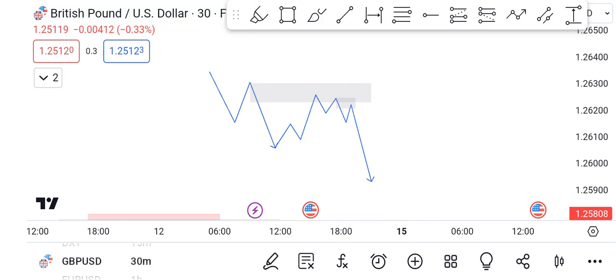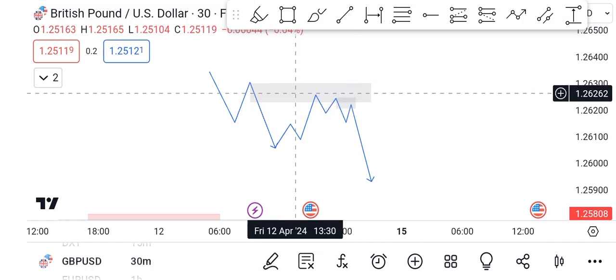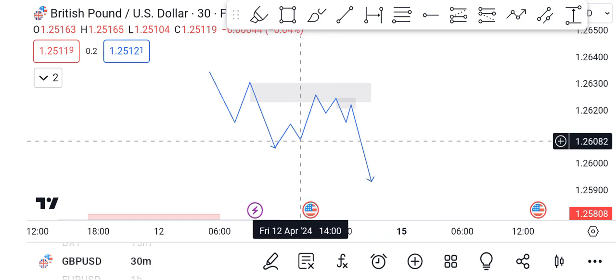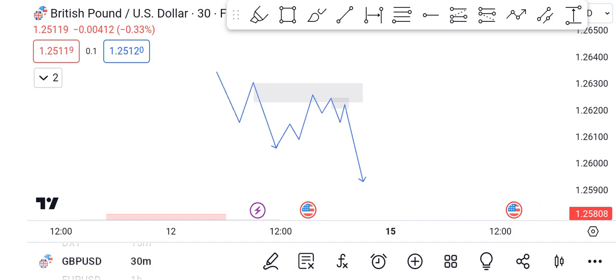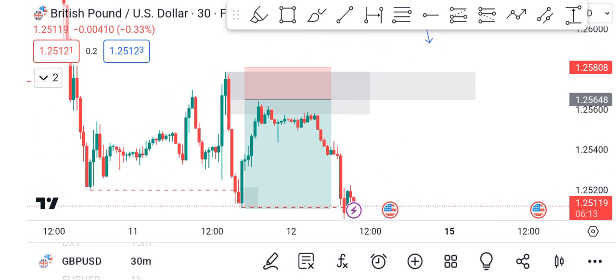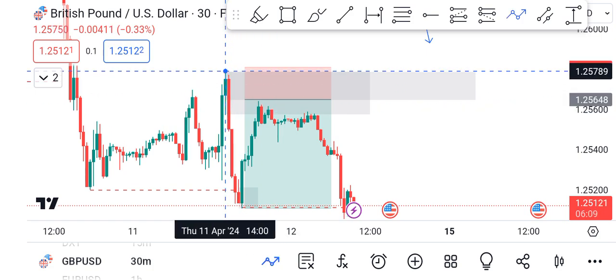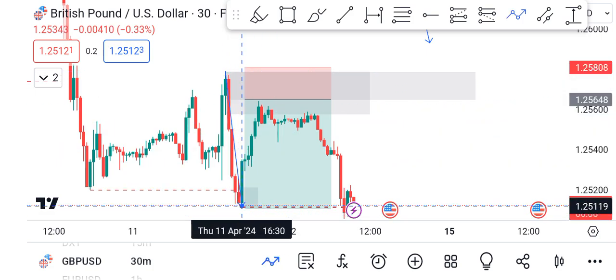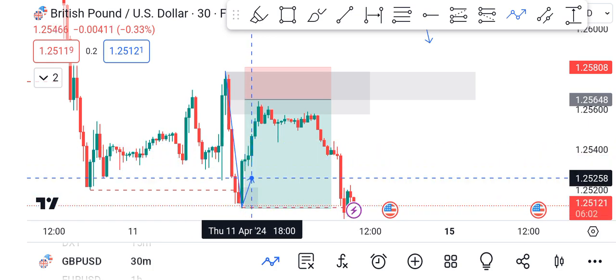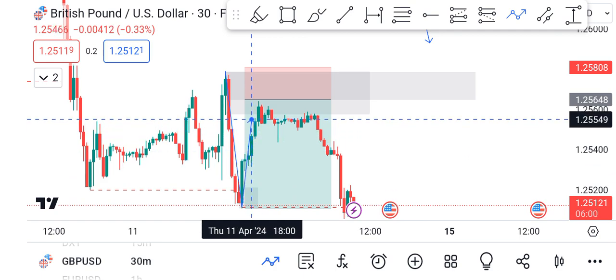With the confluence of us already tapping into the extreme major POI, I will not be expecting this minor low to be broken before I classify it as a change of character. So it is exactly what happened here. You can see this is the swing structure all the way from here. Maybe you can count this as a pullback on the lower structure, but you can see what happened.